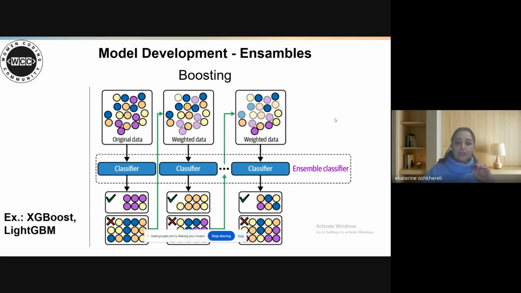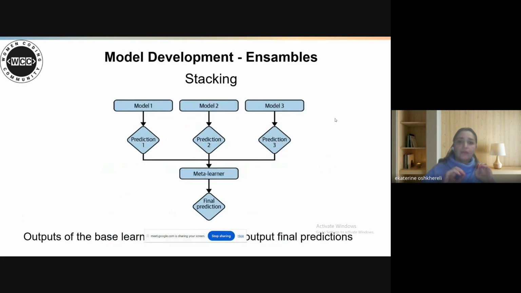And one more method is stacking. In this case, we have base learners which are trained from the training data, and the output is a combination of each of their predictions.